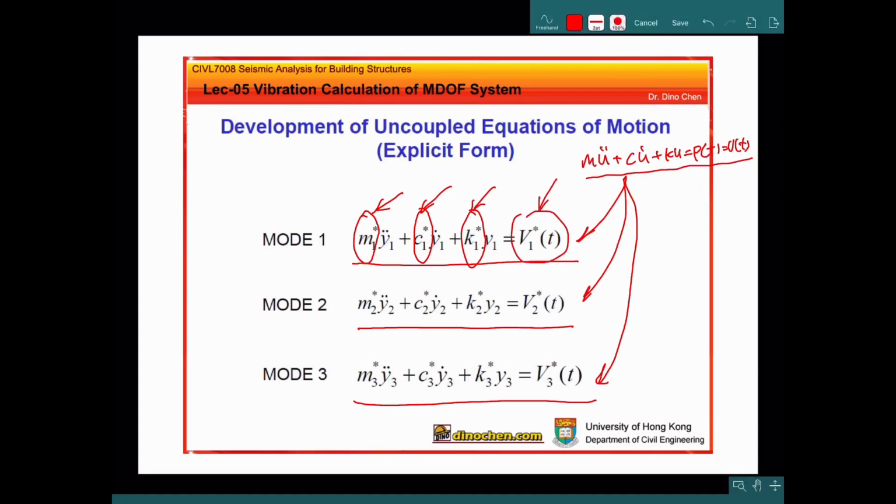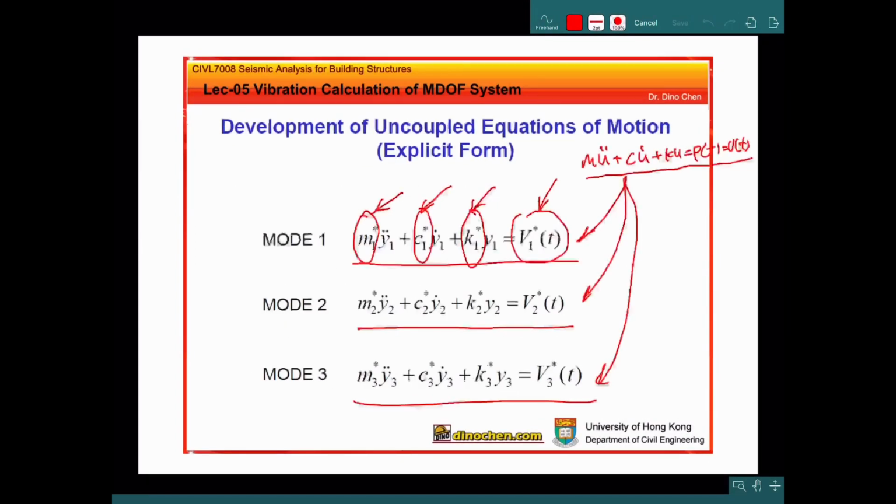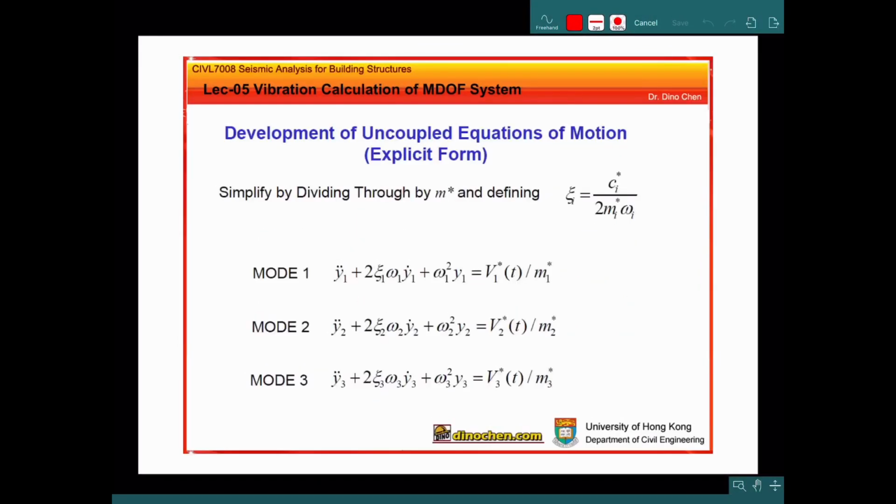So we can transfer this equation to be, you can see that the form is M, so we put the M to here, minus M, each one minus M, and use the lecture 2 basic equation, damping ratio equal to the C constant over 2m omega. Use this basic equation for each mode shape. We can finally find the basic equation for the different modes.